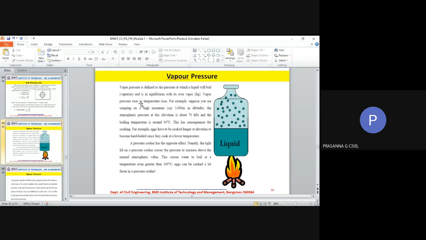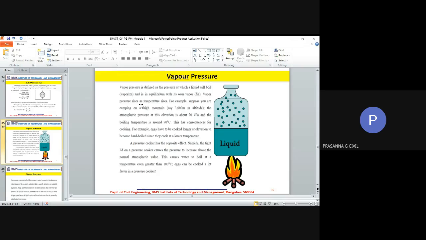Now suppose we consider the same water at 20 degrees Celsius at atmospheric pressure. So temperature is the same, pressure is again atmospheric pressure. But if the pressure above the liquid surface is reduced by some means, the boiling temperature will also reduce.